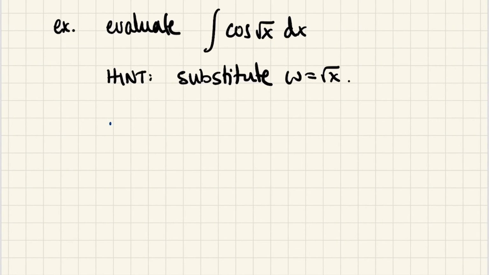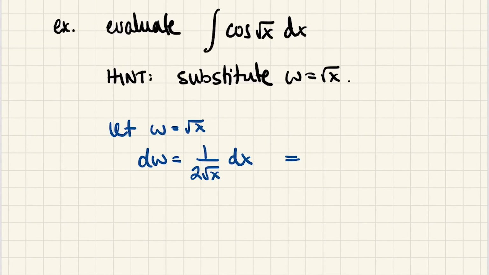So let's let w equal rad x. So dw is the derivative of square root, which is 1 over 2 square root dx. And so our dx is 2 rad x dw. But w is equal to rad x, so our dx would be 2w dw.